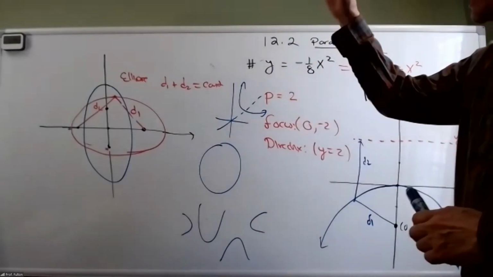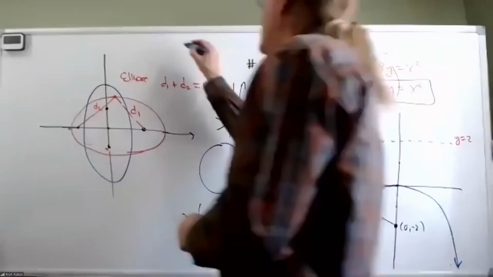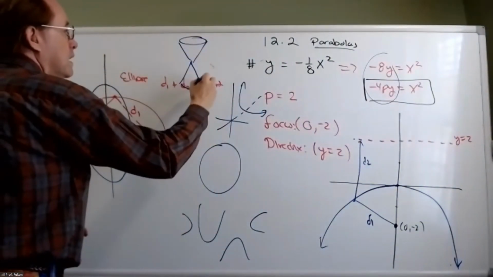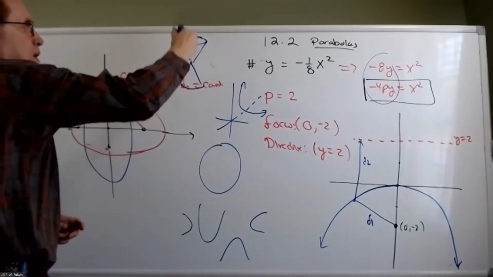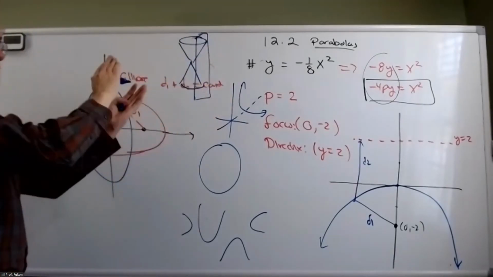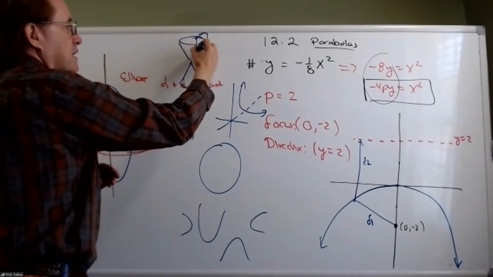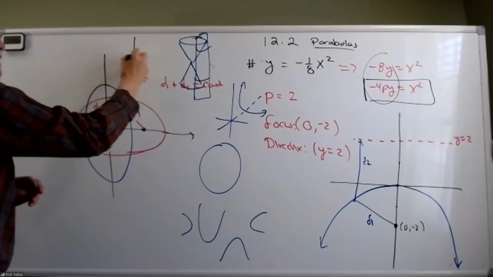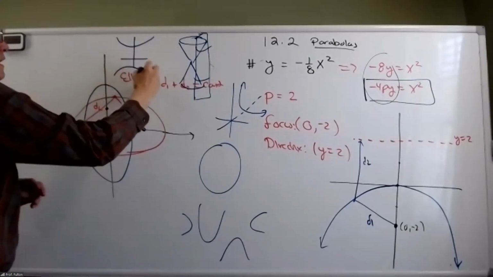And then the other case is if you take the two cones and you cut them this way with a plane, and you look at where they are cut, you get hyperbolas.